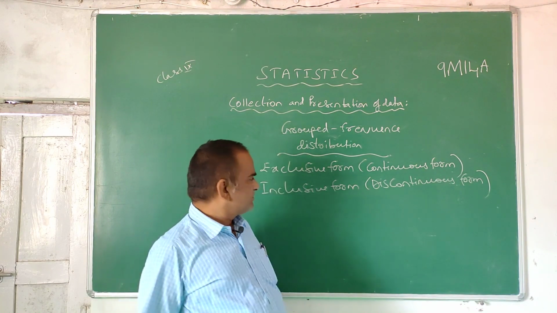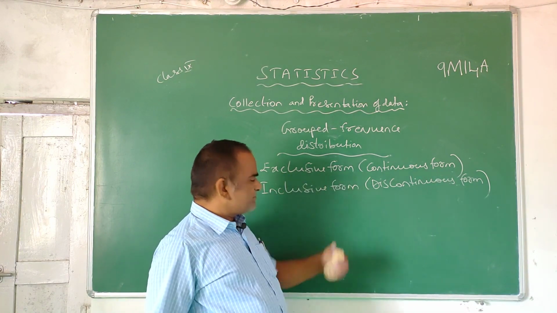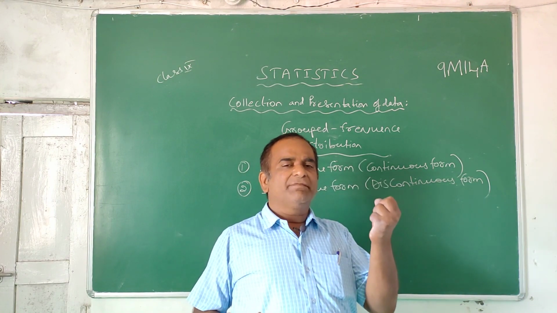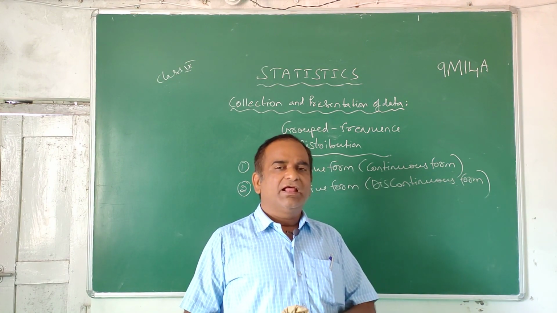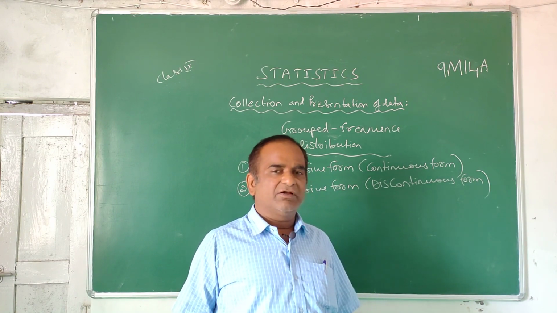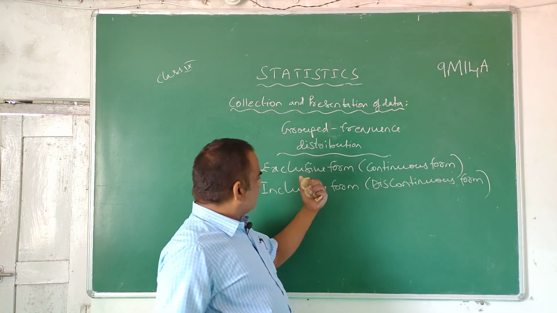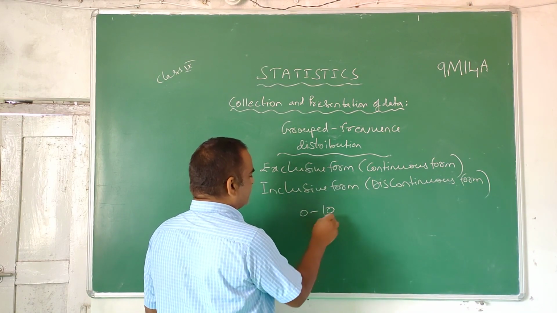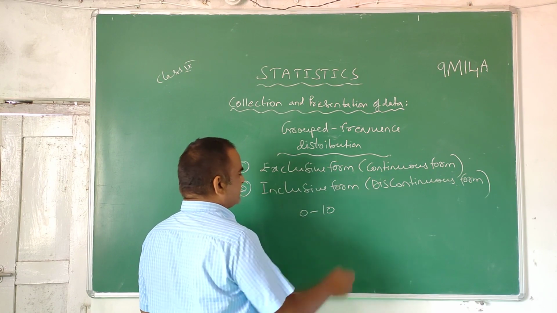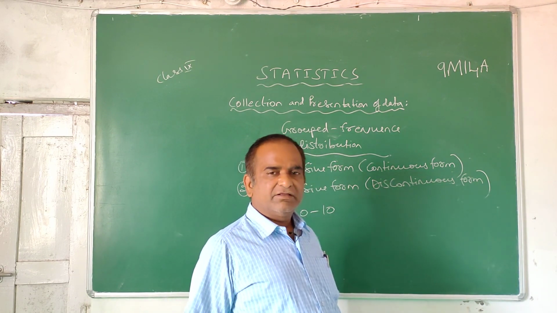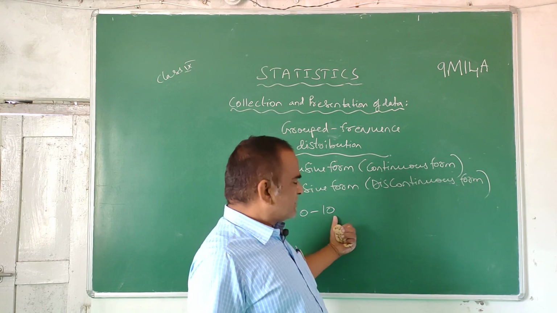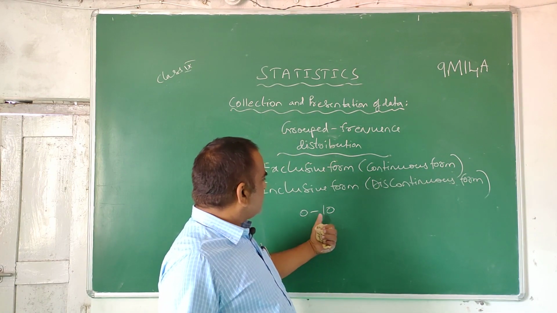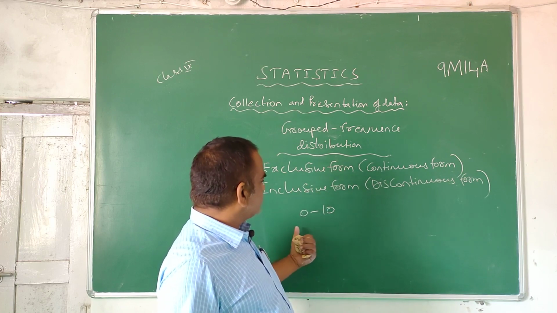In exclusive form, only the lower limit is included and the upper limit is excluded. That is why it is called exclusive form. Suppose 0 to 10 is there: we include 0 and we exclude 10 from this class.